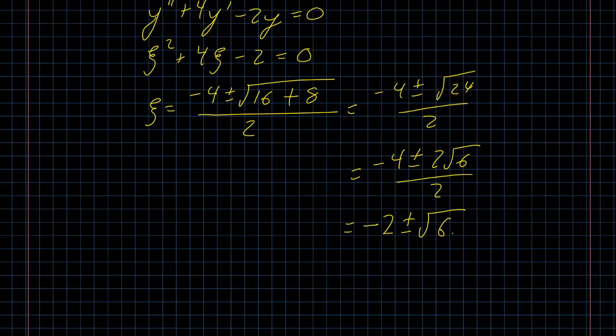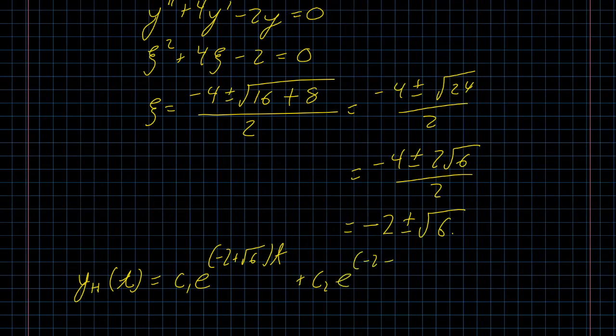So with that, we can write that the solution of the corresponding homogeneous equation, yh of t, is some constant c1 times e to the negative 2 plus square root of 6 times t power, plus some other constant c2 times e to the negative 2 minus square root of 6 times t power.